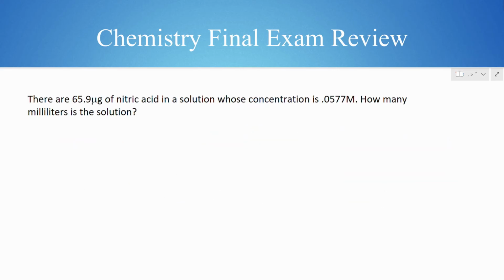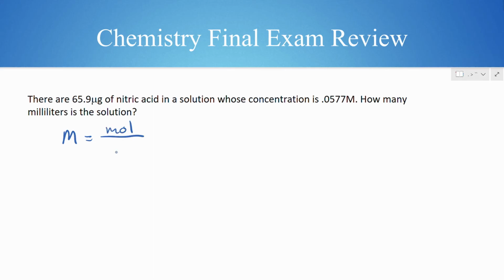There are 65.9 micrograms of nitric acid in a solution whose concentration is 0.0577 M. How many milliliters is the solution? This is about molarity. Now, molarity has this equation: M for molarity is equal to the number of moles divided by the number of liters.